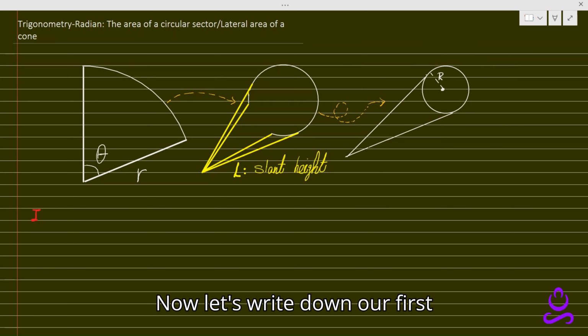Now let's write down our first equation. The circumference of the cone's base is 2 pi R, just like any circle. Next, let's call the arc length of the sector l and write down the second equation.